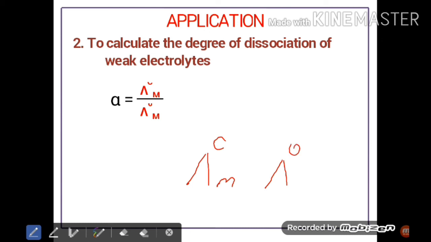Lambda naught m is the molar conductivity at infinite dilution, and lambda Cm is the molar conductivity at the concentration given in the question.